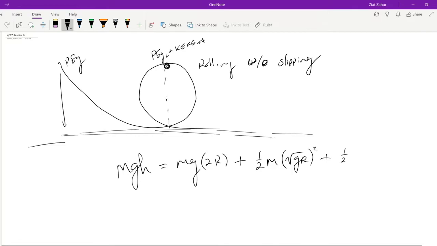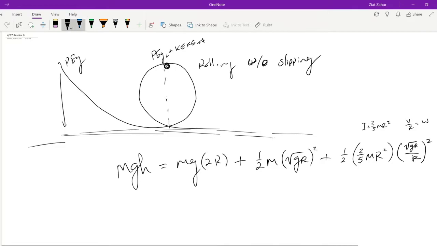And I for your marble is 2/5 mr squared, times omega squared, and of course v over r is omega. And so we get root gr over r squared.